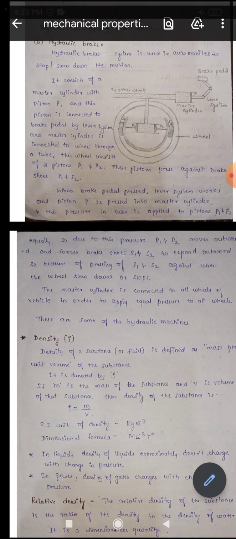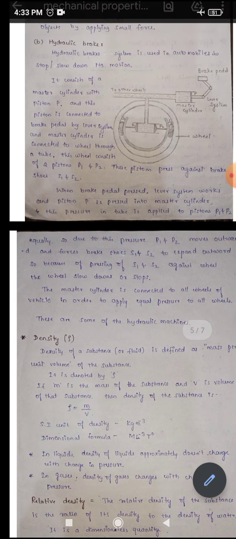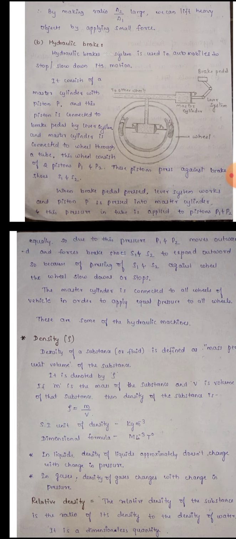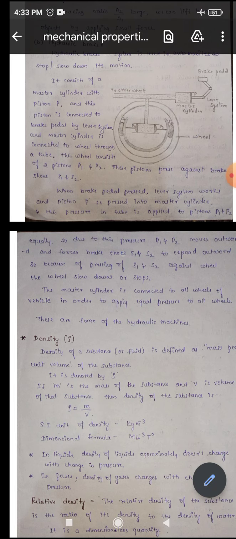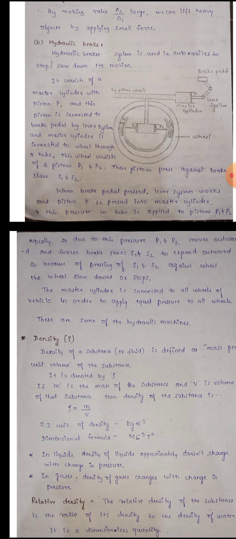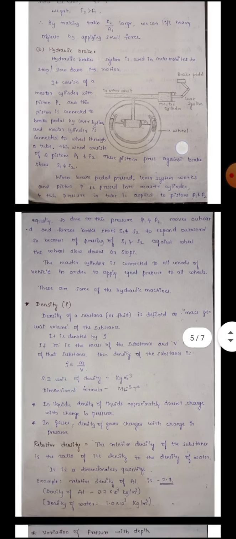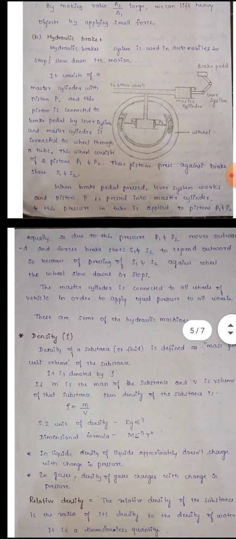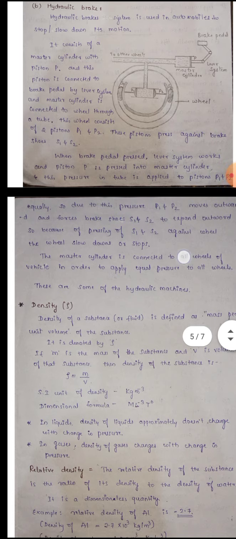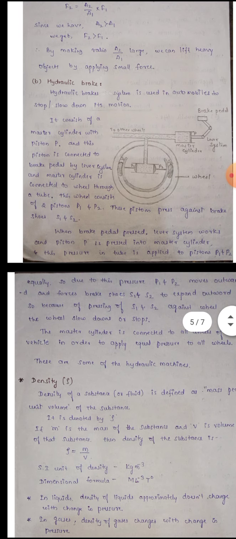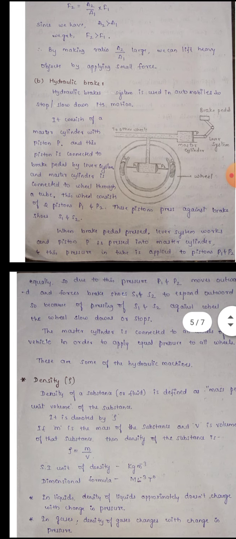That is, P1 moves in the left direction and P2 moves in the right direction, so that the brake shoes S1 and S2 are pressed. Because of the pressing of S1 and S2, the wheel slows down, or it stops. This is about the mechanism of the hydraulic brake.